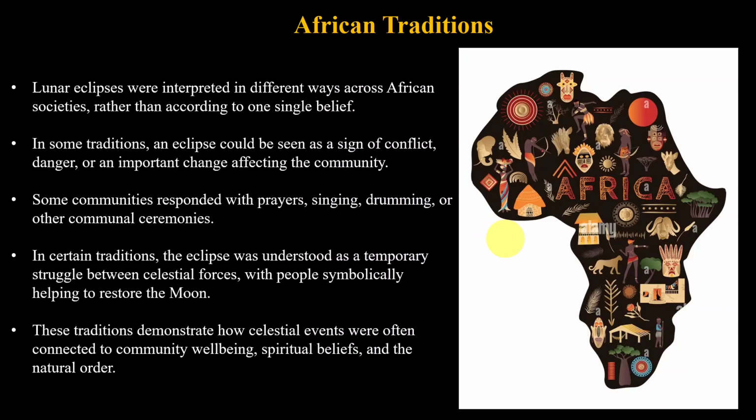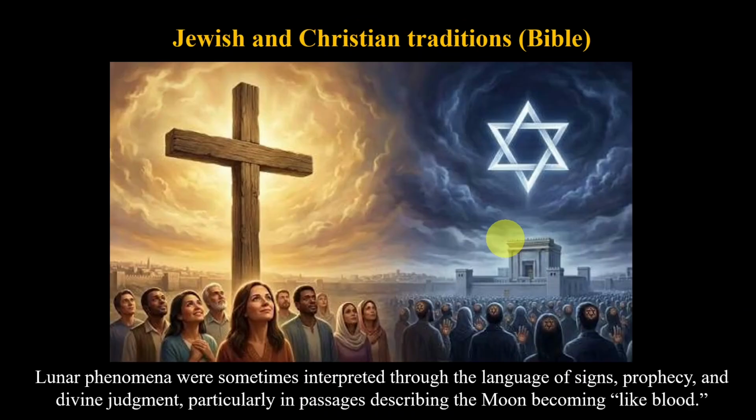Some other communities responded with prayers, singing, drumming, or other communal ceremonies. In certain traditions, the eclipse was understood as a temporal struggle between celestial forces, with people symbolically helping to restore the moon. These traditions demonstrate how celestial events were often connected to community well-being, spiritual beliefs, and the natural order.